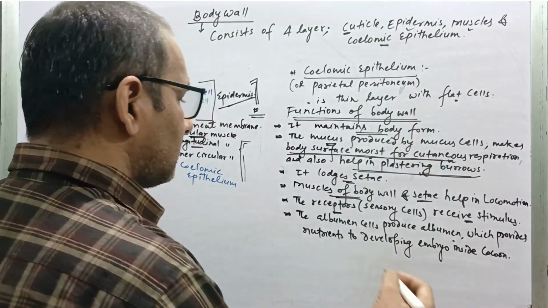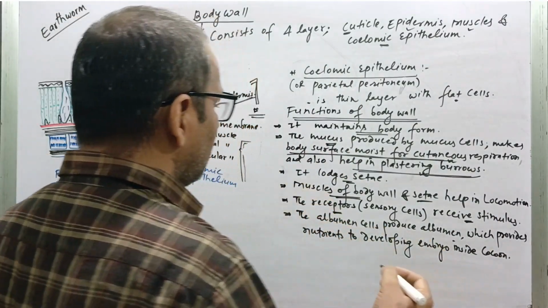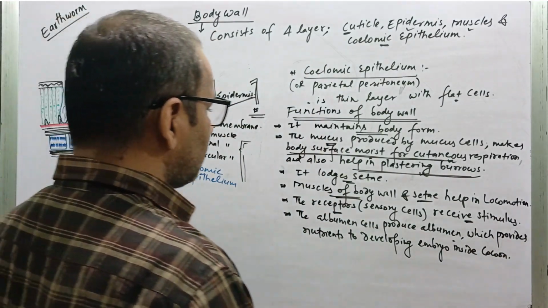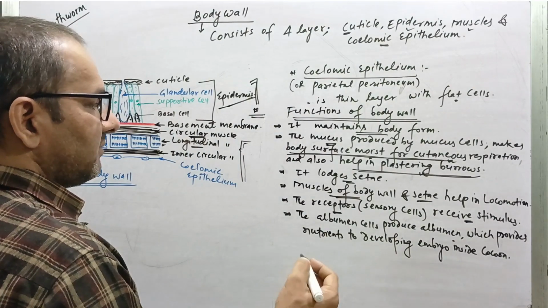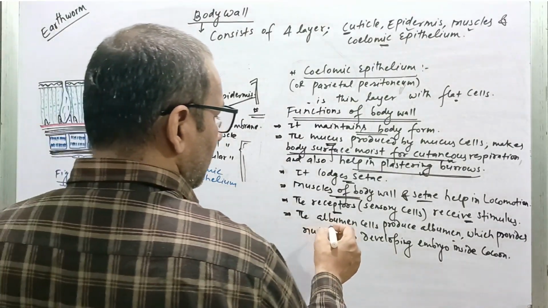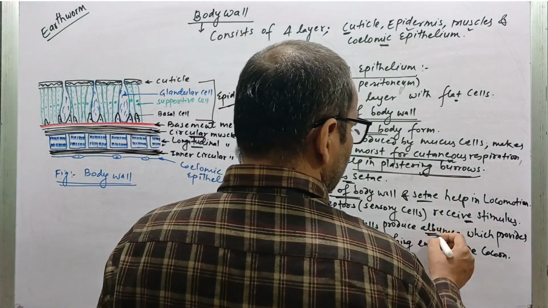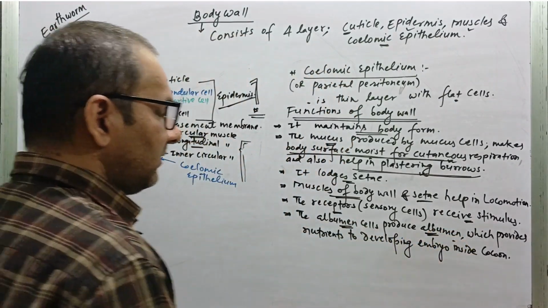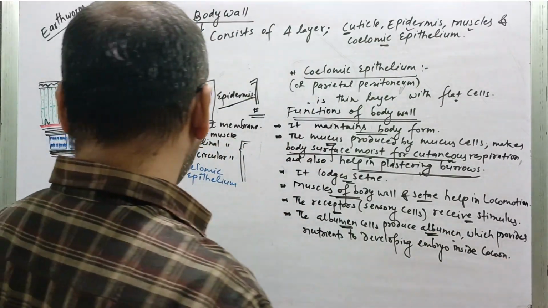Different types of sensory cells, like the photoreceptors, tactile receptors and thermoreceptors, receive different stimuli. And the albumin cells produce albumin, which provides nutrients to the developing embryo inside the cocoon. Okay, this is about the body wall.